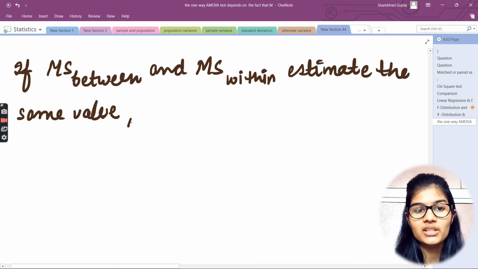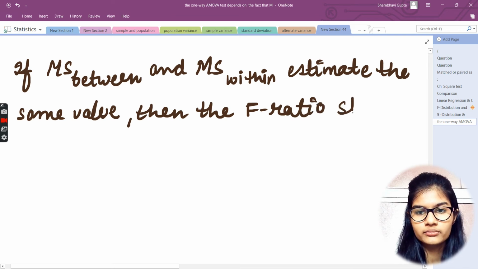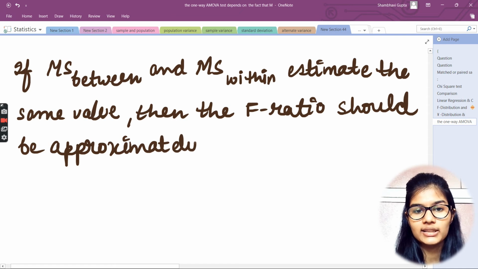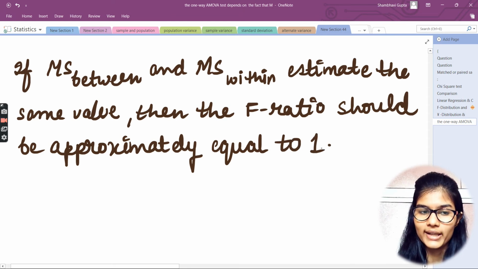Then in that case, what happens? The F ratio should be approximately equal to 1. Fine.